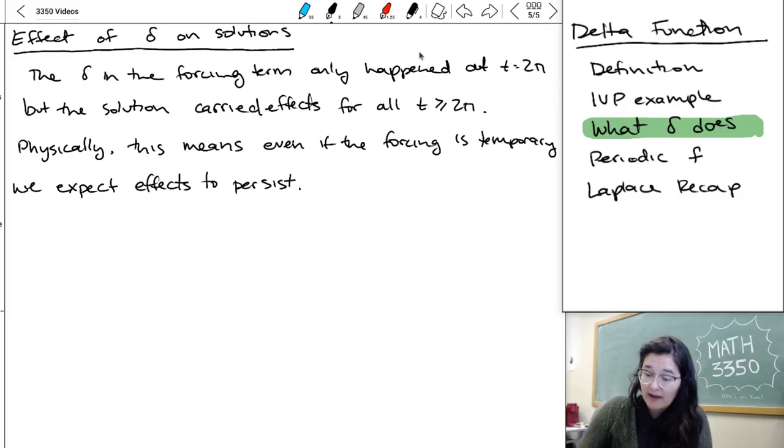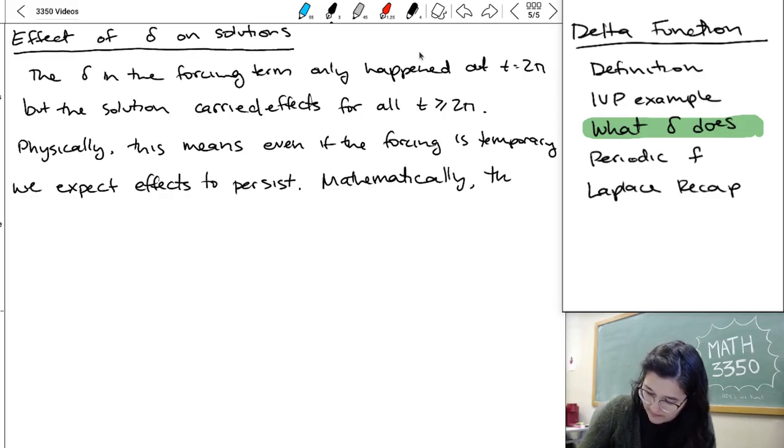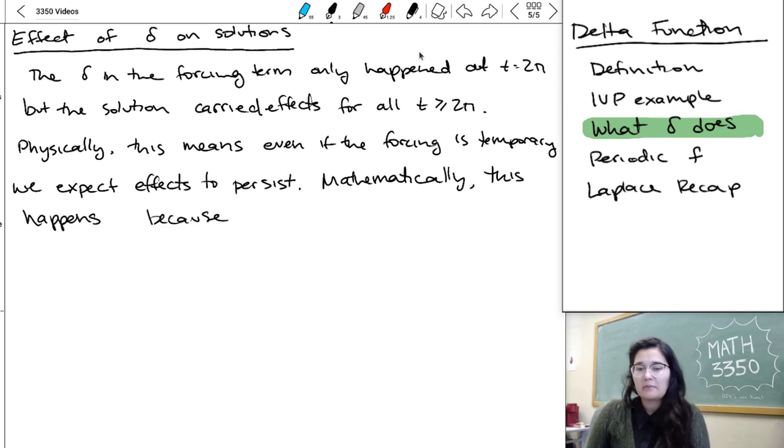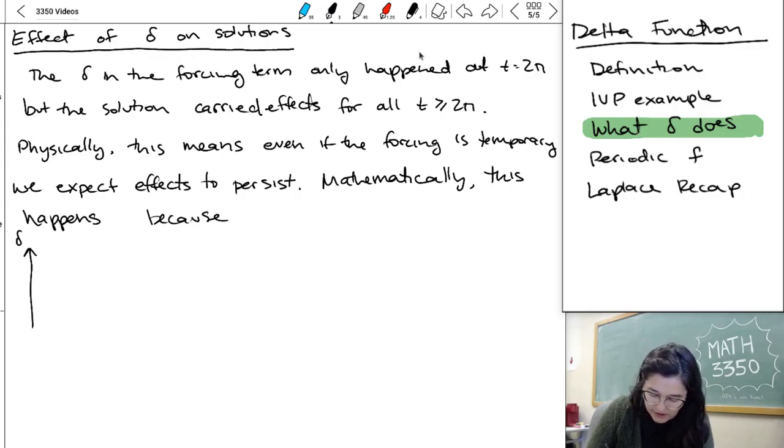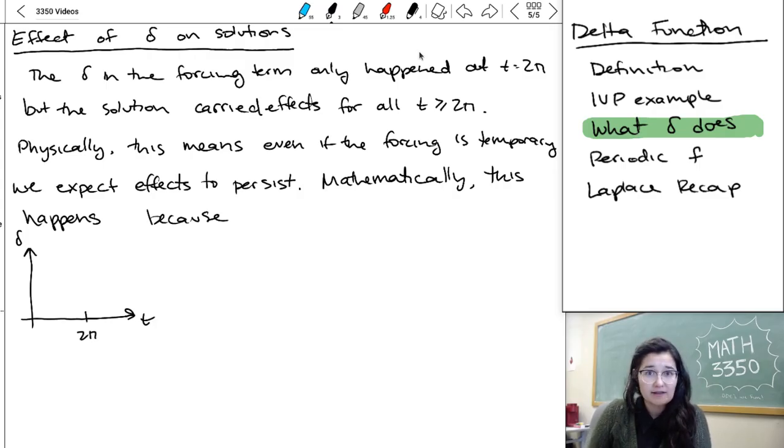And then mathematically, this happens for a really cool reason, which if you remember that t versus delta picture I drew for you, we're going to think about it for just this example where we did a forcing function at 2 pi.